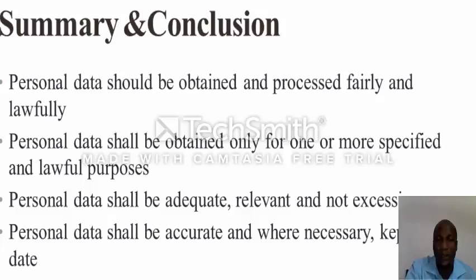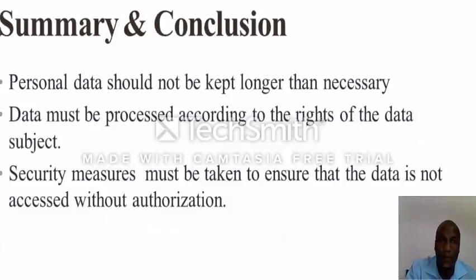Personal data should be accurate and, where necessary, kept up to date. Personal data should not be kept longer than necessary. Data must be processed according to the rights of the data subject. Security measures must be taken to ensure that the data is not accessed without authorization.